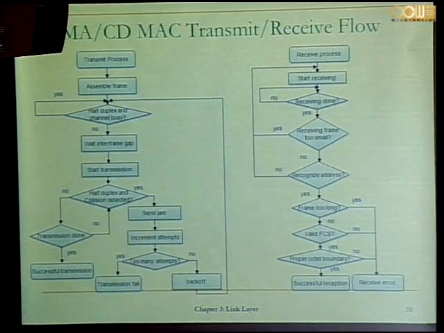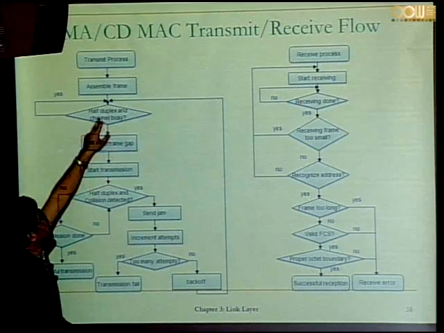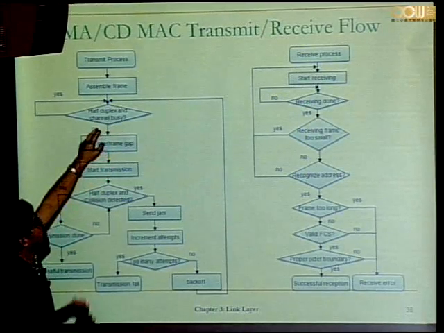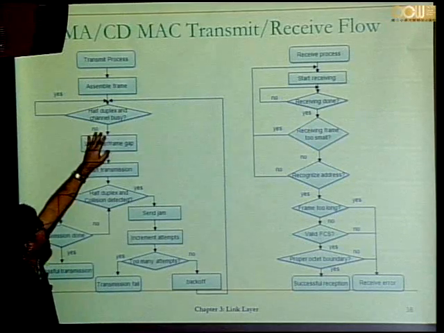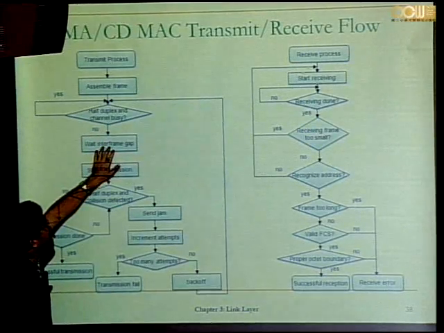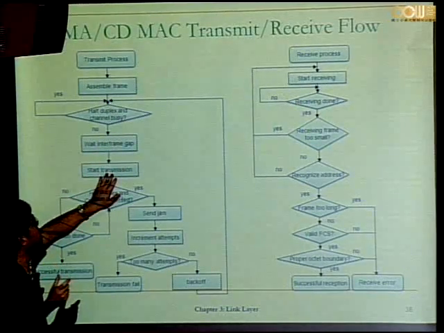If it's full duplex, then what? You don't care. If it's full duplex, you don't wait. You don't do channel carrier sensing. You just wait an interframe gap and then transmit.